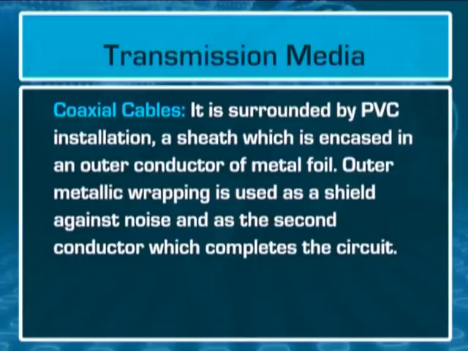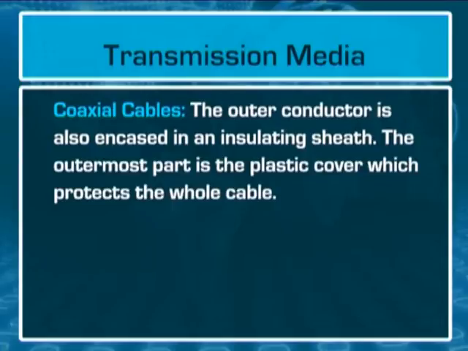Outer metallic wrapping is used as a shield against noise, and the second conductor which completes the circuit. The outer conductor is also encased in an insulating sheath. The outermost part is the plastic cover which protects the whole cable.